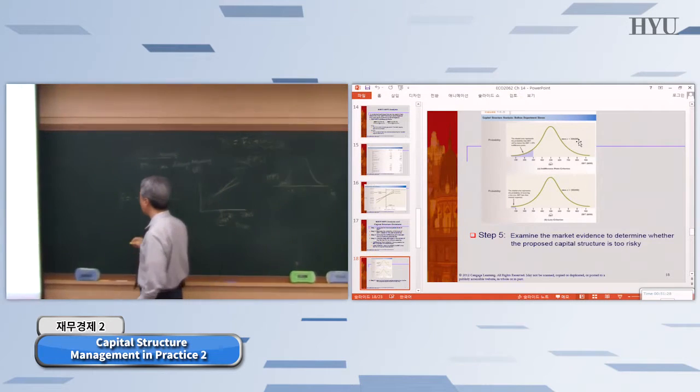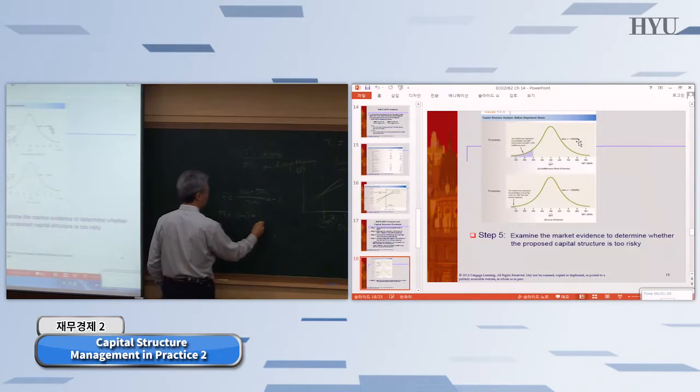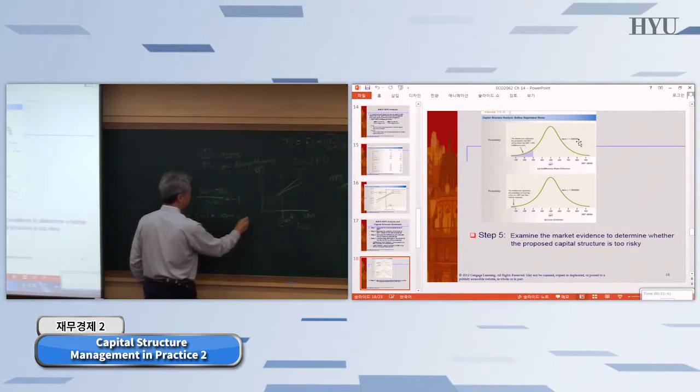So the probability that z will be less than negative 1 is 0.1587, or 15.87%.